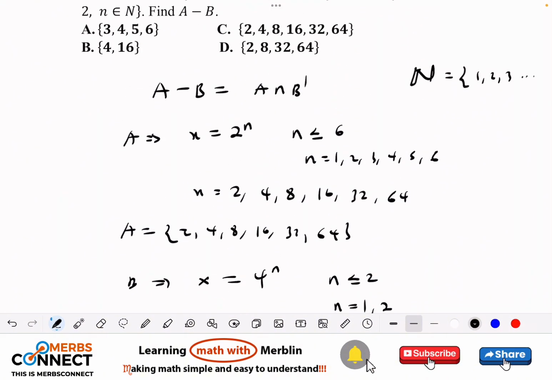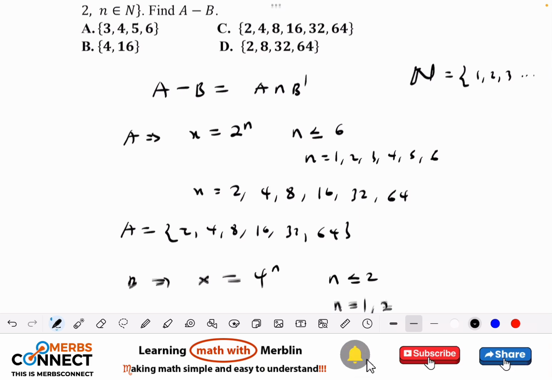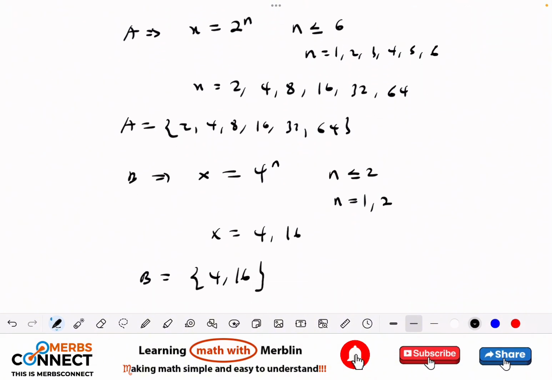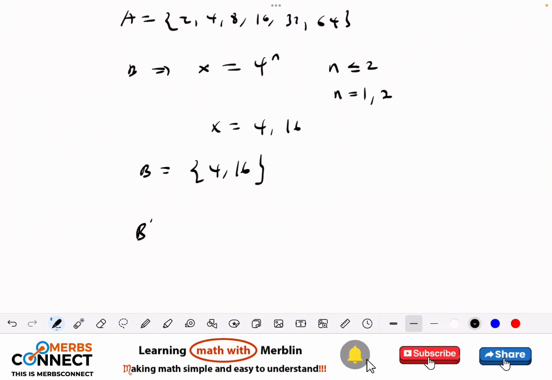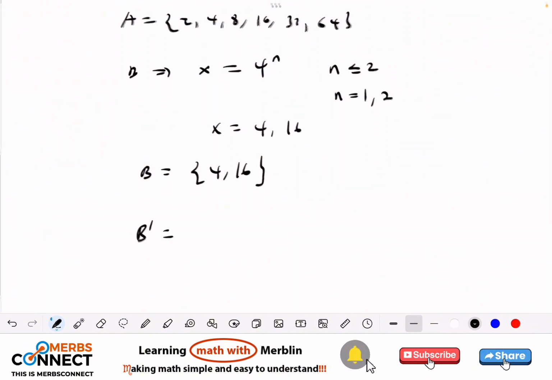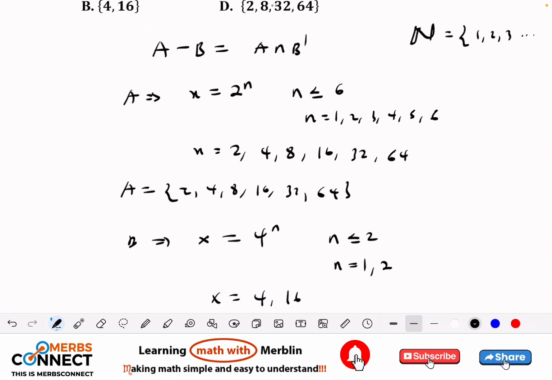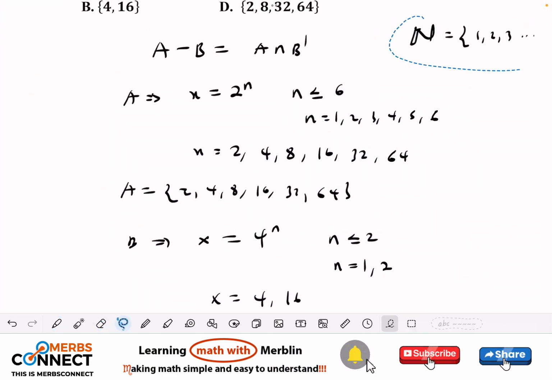So what is A intersect B complement? So first, let's find B complement. When you say B complement, these are all elements in the universal set. So let me bring my universal set here.